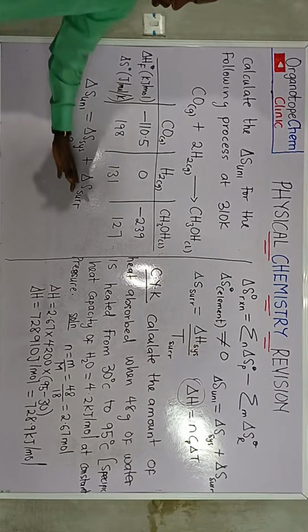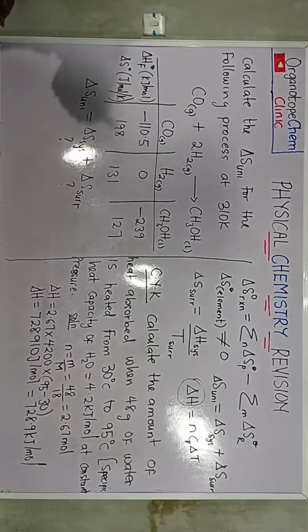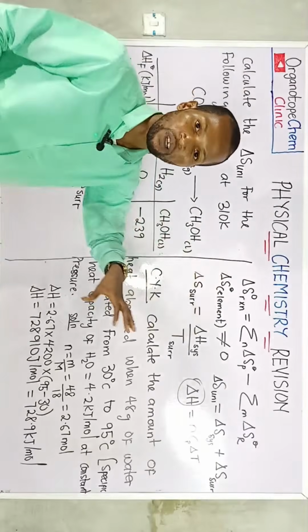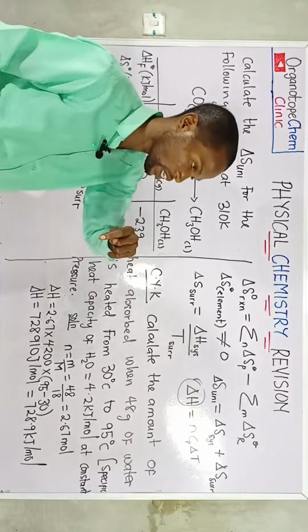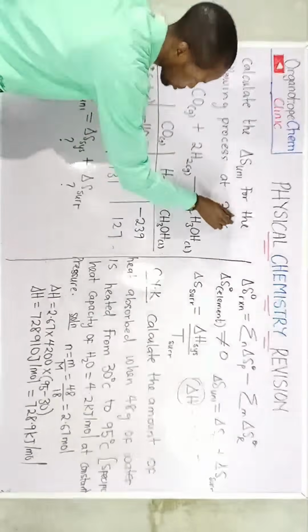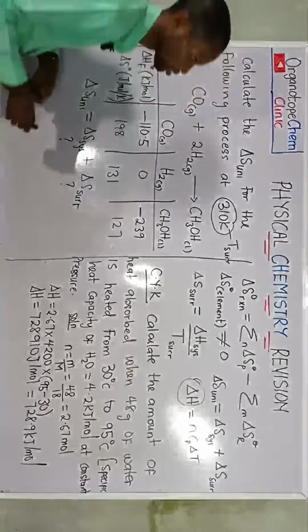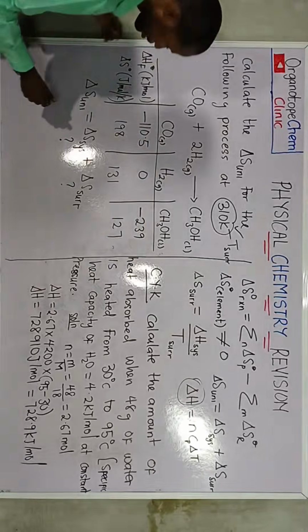Do we know the entropy of the surrounding? No. We need to determine the entropy of the surrounding. In order to get the entropy of the surrounding, we need to find the enthalpy of the system. Then the temperature of the surrounding is known. That's the T surrounding, and we know it right here. We need to find the enthalpy.